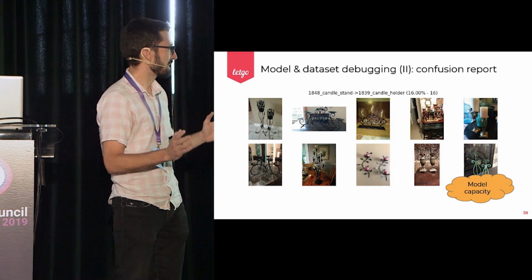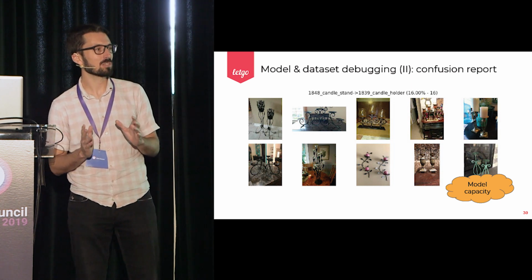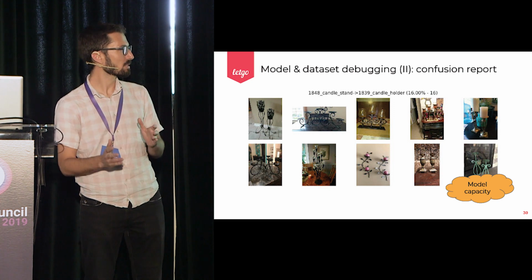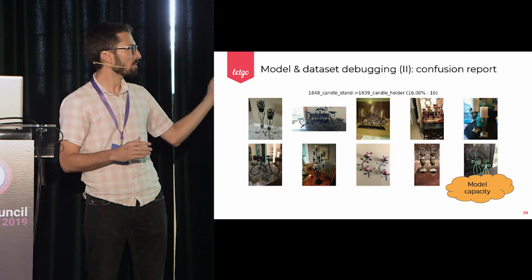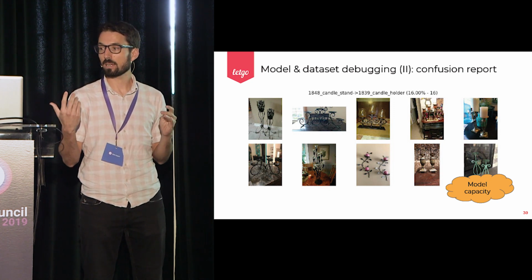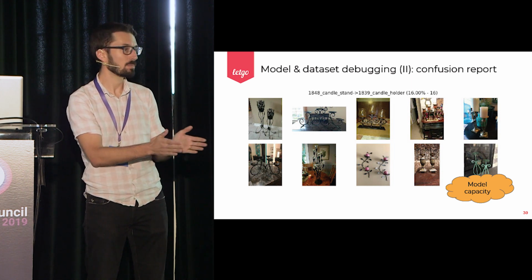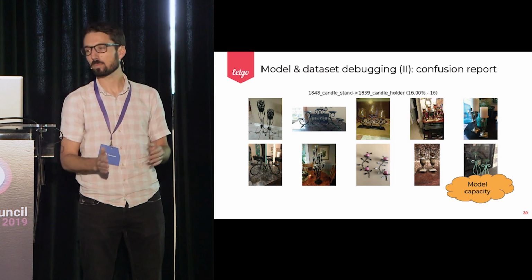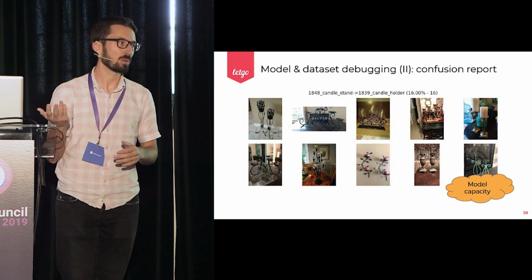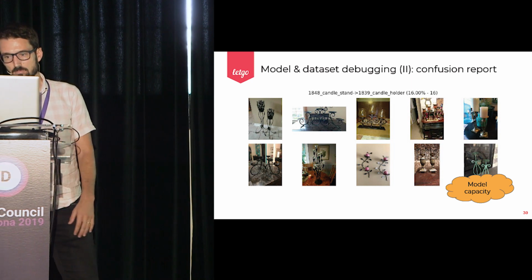So there are some differences on what a candle stand is and what a candle holder is. And when you see a problem like this, you may start wondering, is it a model capacity problem? Is it that my model doesn't have enough capacity to actually be able to distinguish those two classes? Especially if you see this type of errors in training and not just on validation.